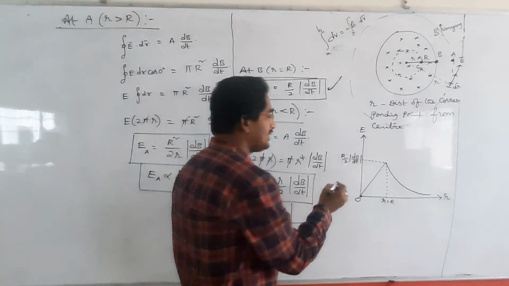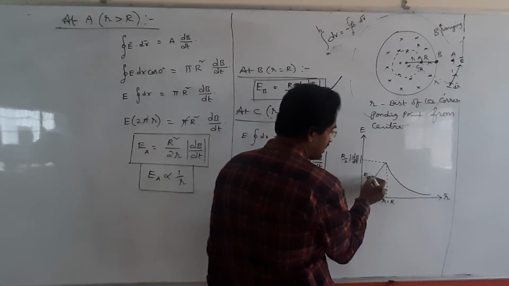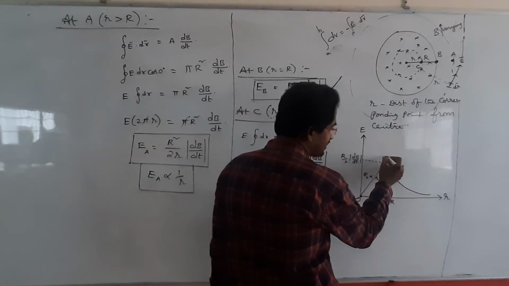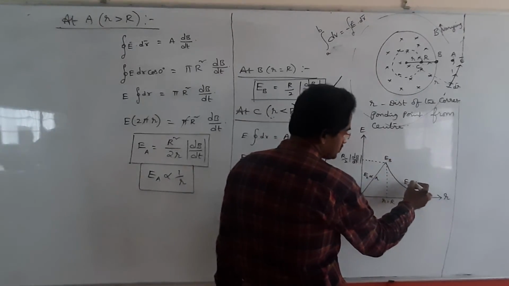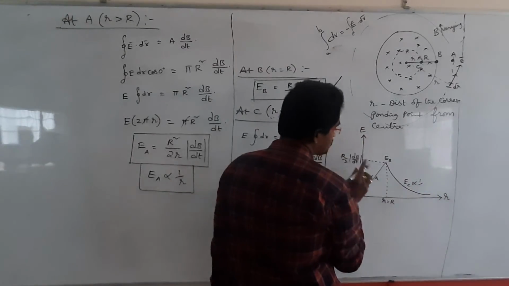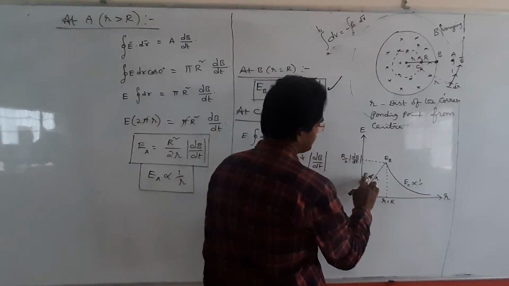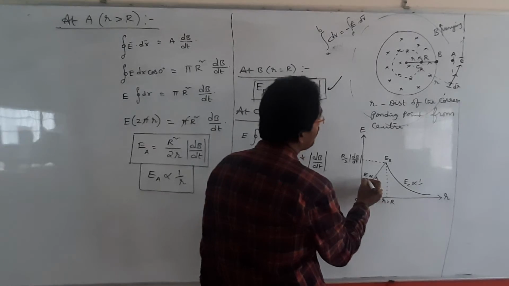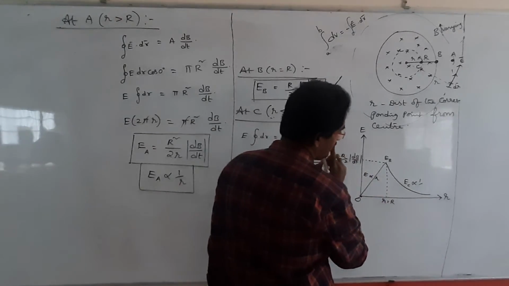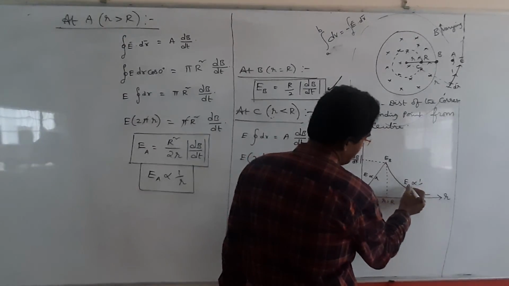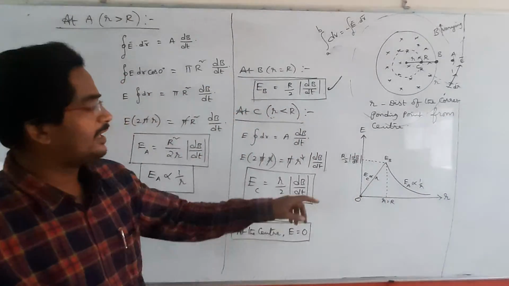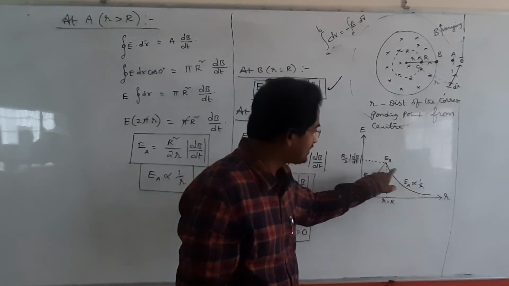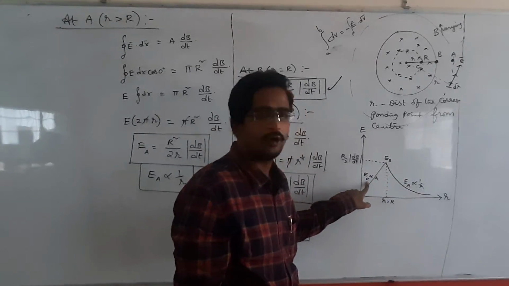It is actually E at C directly proportional to r, and E outside inversely proportional to r. Sorry, it is E at A inversely proportional. It is E at C, correct. So the outside point is A, on the surface B, inside point C.